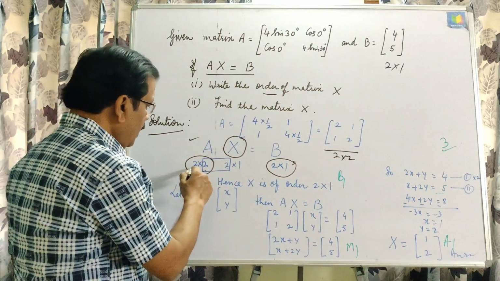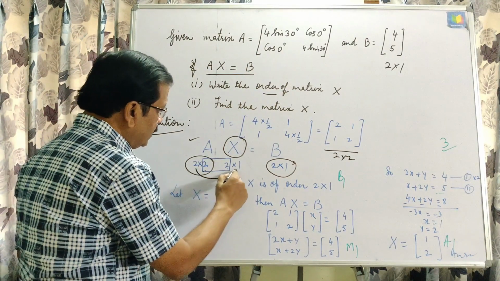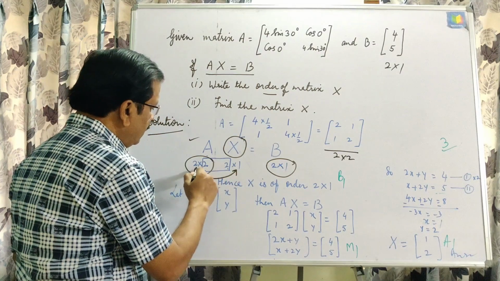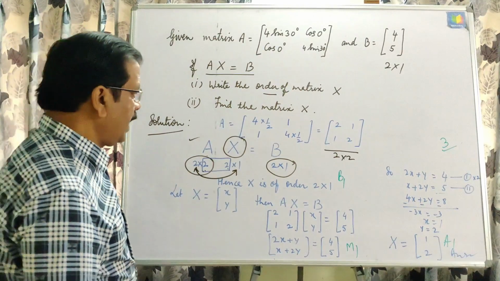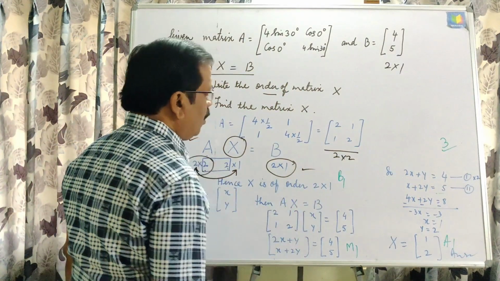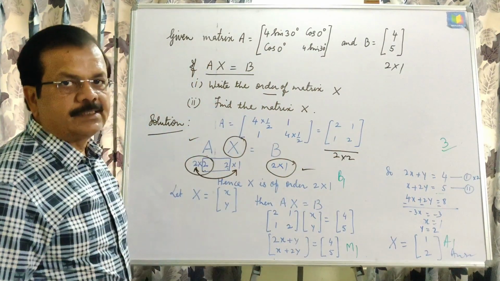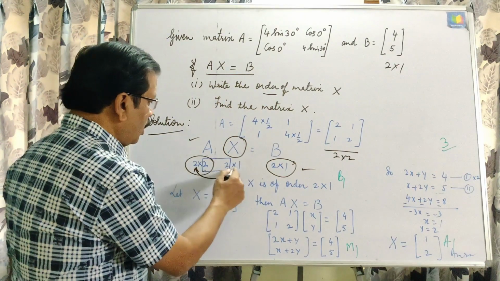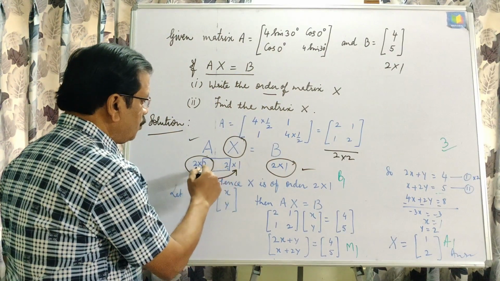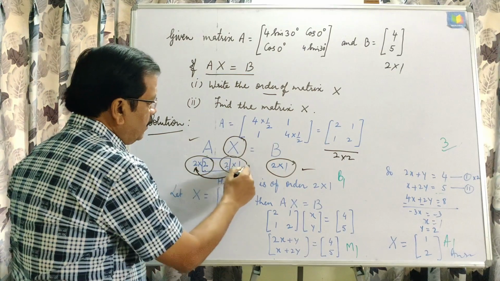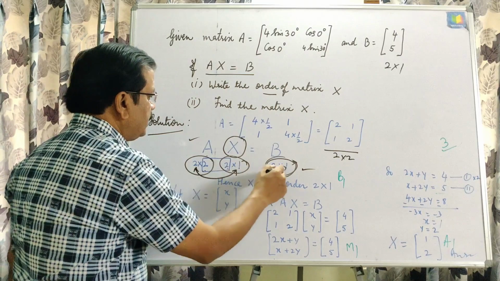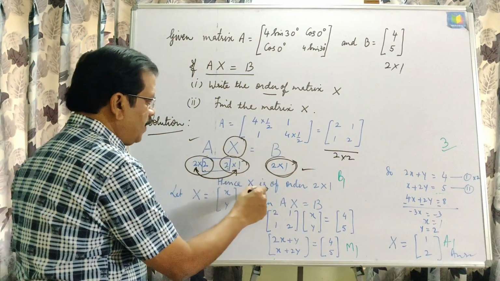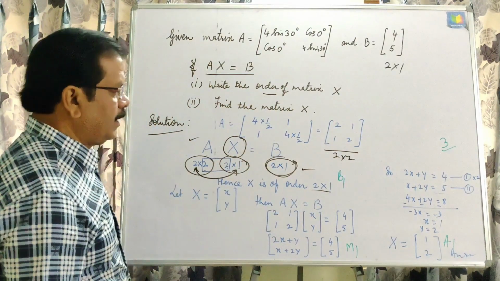In the same way, after multiplication, the number of rows of the first and the number of columns of the second will be the order of the answer. This way 2 cross 1, because 2 is this one and 1 is this one. And so the order of matrix X is 2 cross 1.